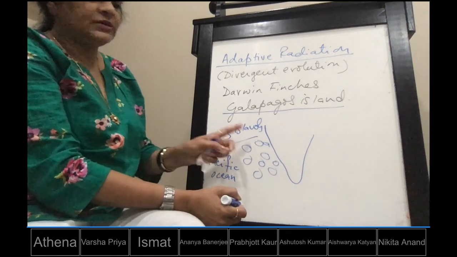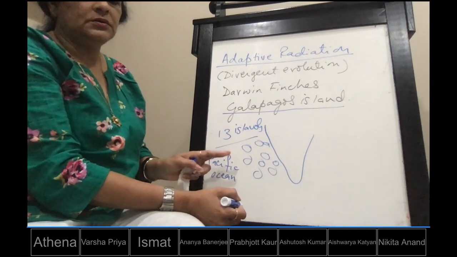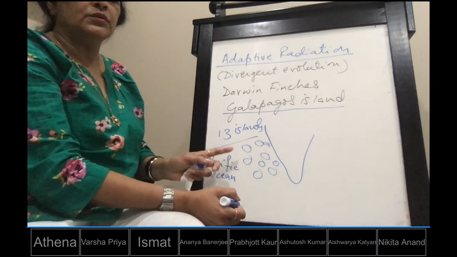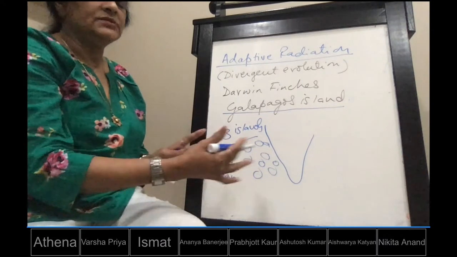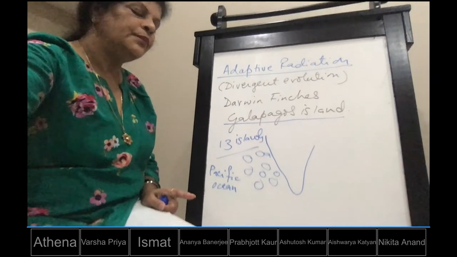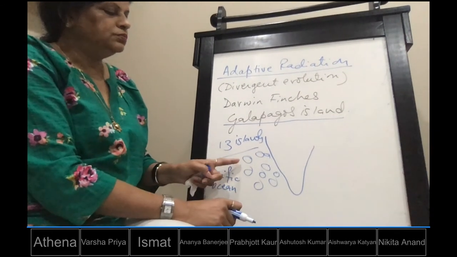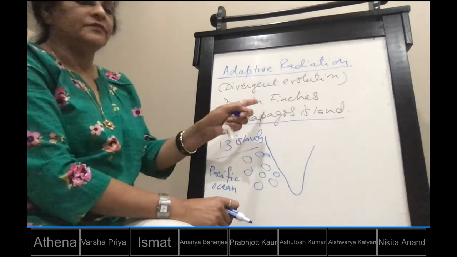These islands are actually made up of sediments of lava. Maybe many years ago there must have been volcanic eruptions, and because of the sedimentation of the lava these islands were formed. So Charles Darwin, we are talking about Charles Darwin.